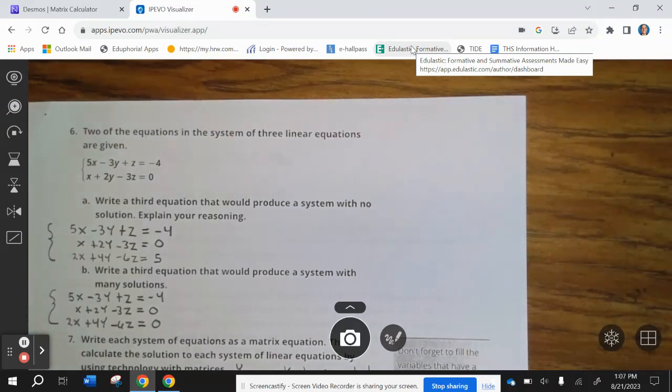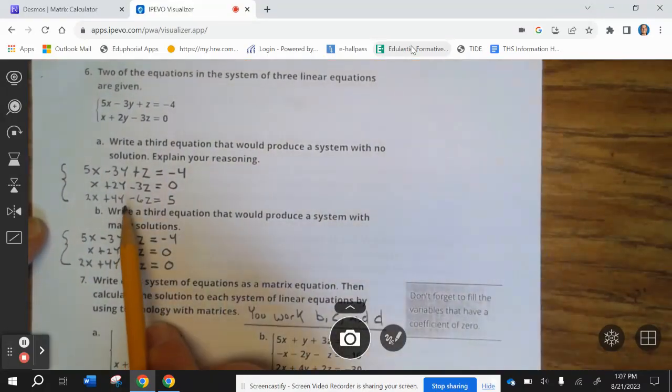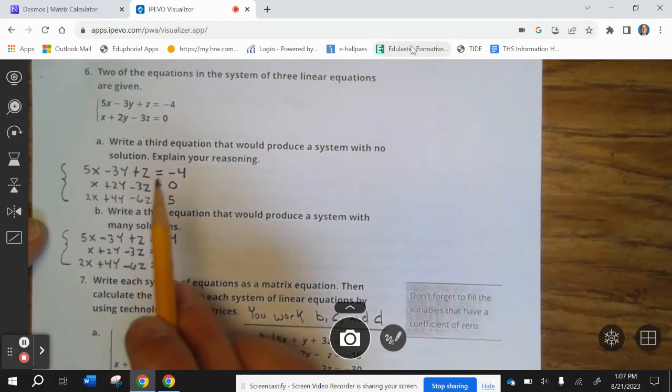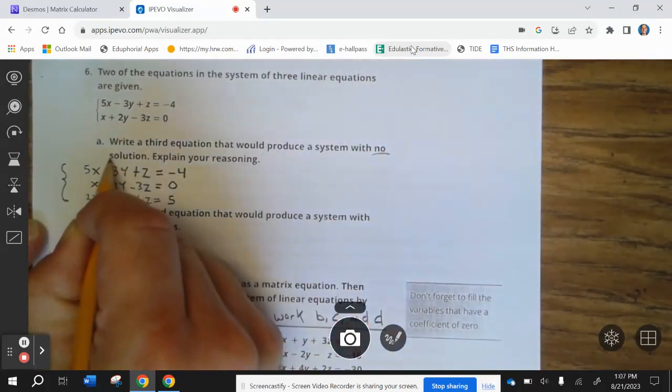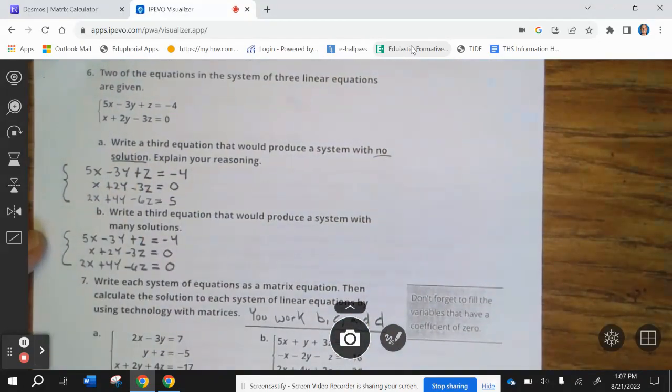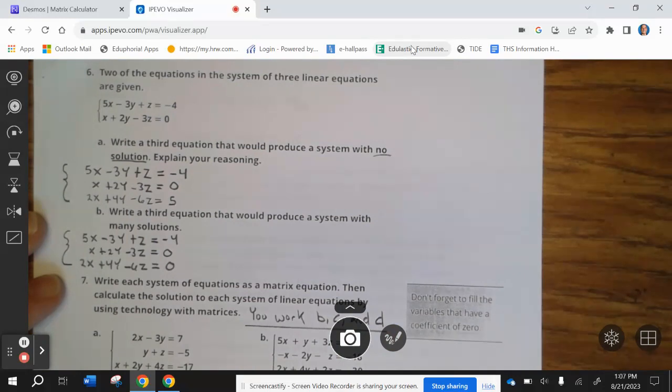Two of the equations in a system of 3 linear equations are given. Write a third equation that would produce a system with no solution. Explain the reason. So I went ahead and added the third equation for no solution, and I'll show you how that works out to be no solution.